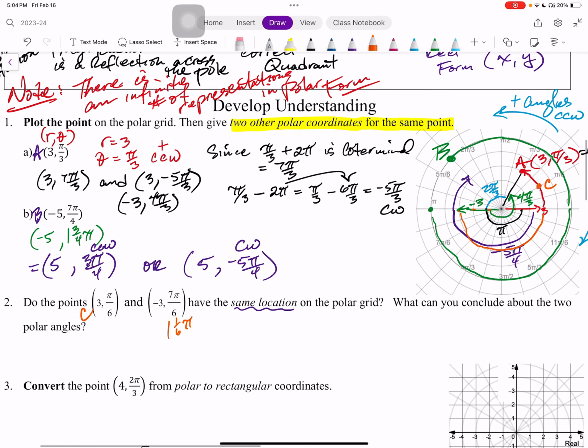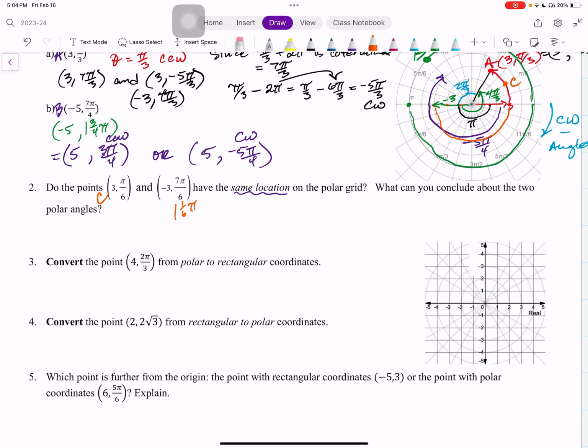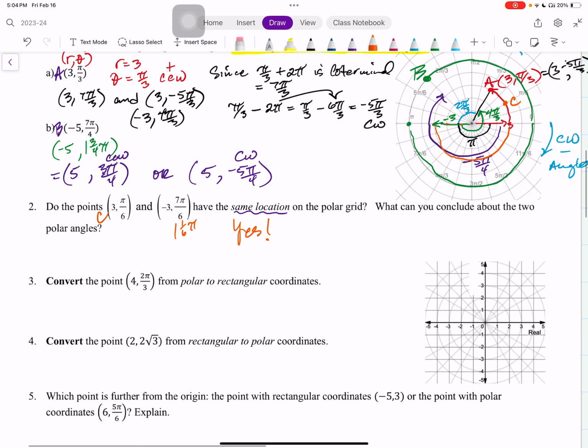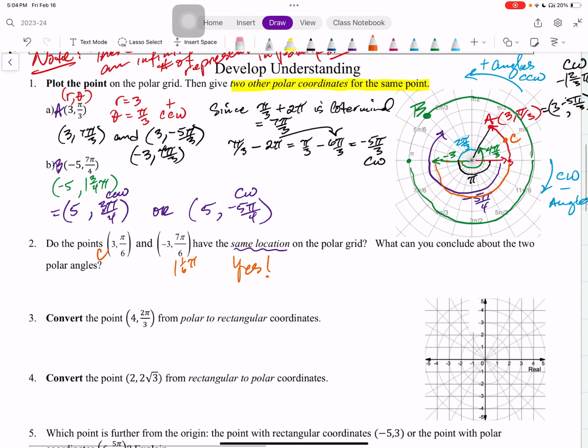Oh, yes, they are in the same position. All right, what can you conclude about the two polar angles? Well, guess what? They're pi radians apart. They're half a circle apart.